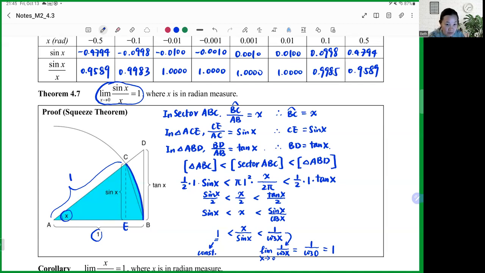So what conclusion do I have? This value lies between a constant 1 and another value which is going to get to 1. It's not 1 yet, but we'll get very close to 1. So between these two very close values, the limit of the function in the middle can only be 1.